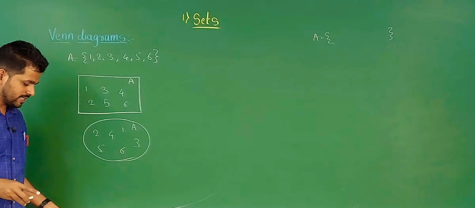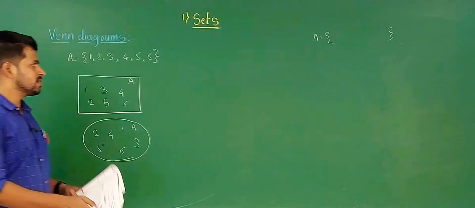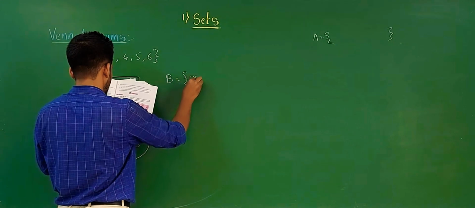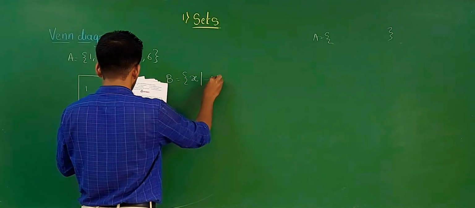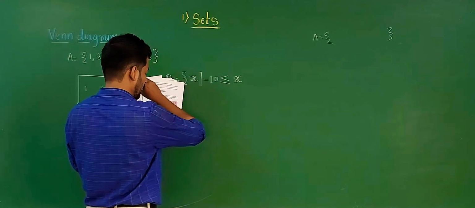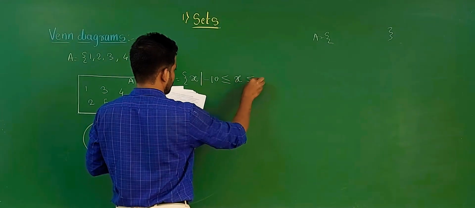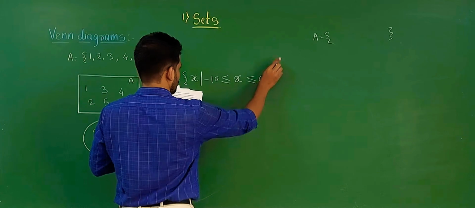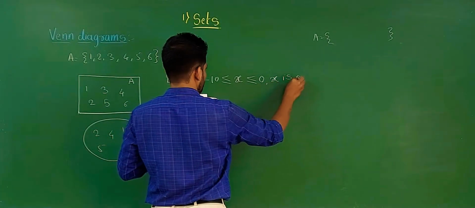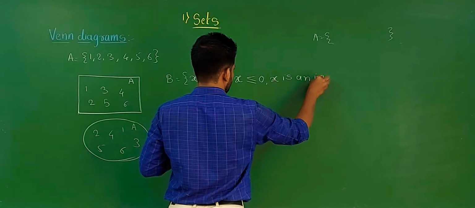Let's see the second example. B is a set of all x such that minus 10 is less than or equal to x, x is less than or equal to 0, x is an integer.